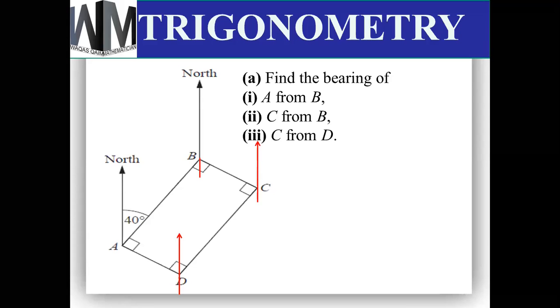So all these lines representing north are parallel. So these lines form alternate angles.